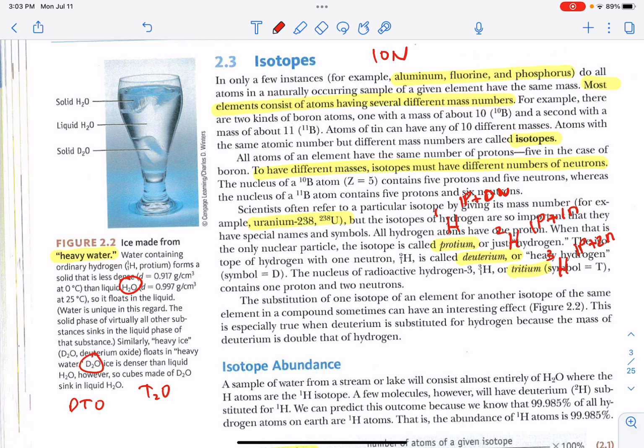Heavy water, which is a natural component, a very, very small percentage, but a natural component of seawater, is D2O. And it's used in a lot of nuclear-type processes. One thing it can do is slow down neutrons, for example.